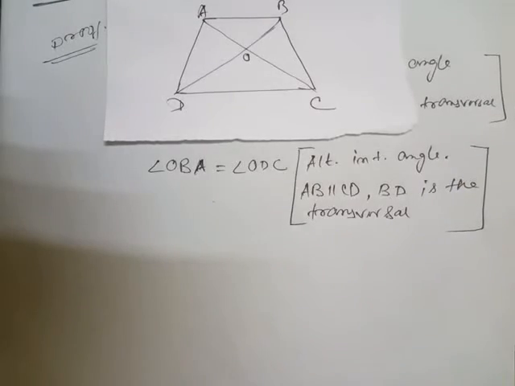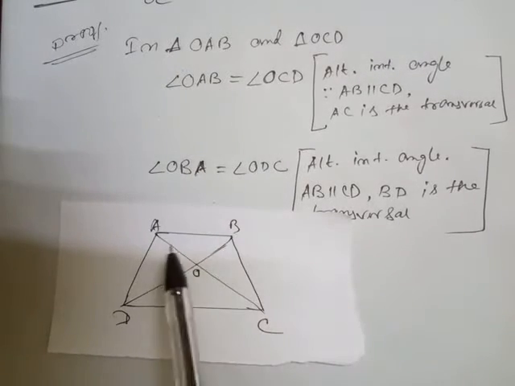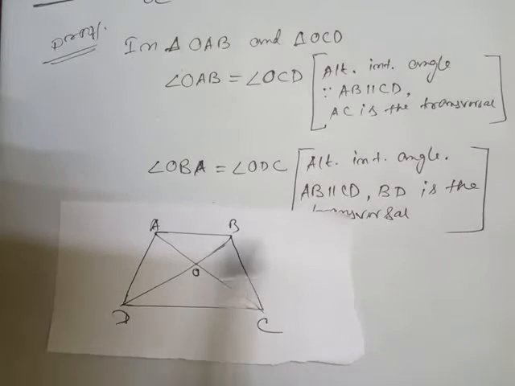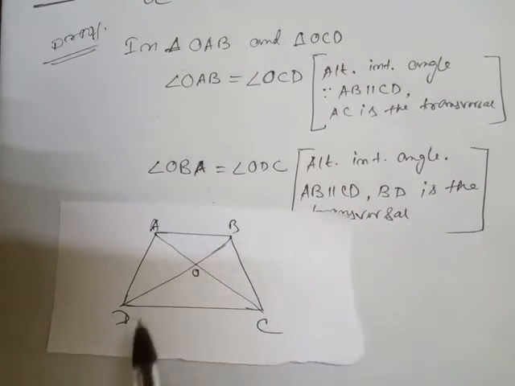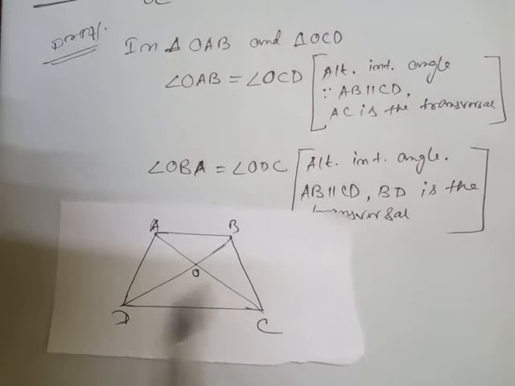Now look student, just match with the diagram. Angle OAB, this angle, and angle OCD, this angle, are alternate interior angles, AB parallel to CD and AC is the transversal. Next, angle OBA and angle ODC are alternate interior angles, AB parallel to CD and BD is the transversal.